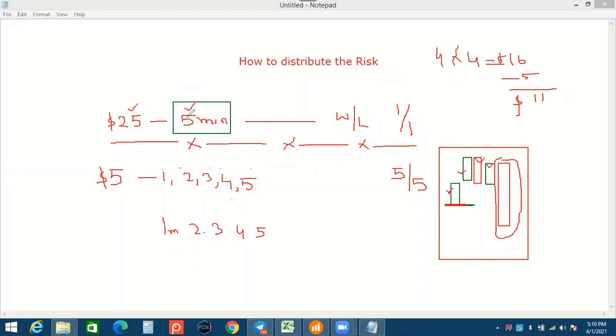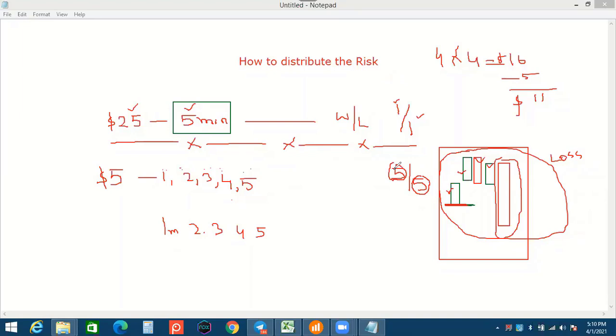But if you are placing only one trade with a 5-minute expiry, what is the result here? Loss. But if you are placing different expiries, 1 minute, 2 minute, 3 minute, 4 minute, 5 minute, it means 5 expiries, 5 chances of win and 5 chances of loss, right? And here only one.